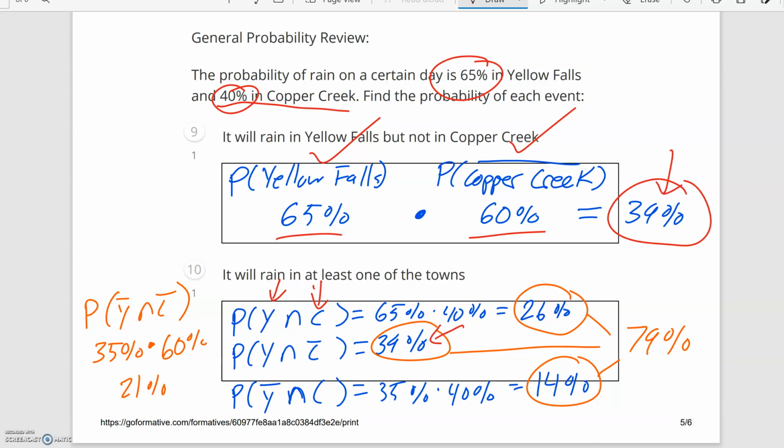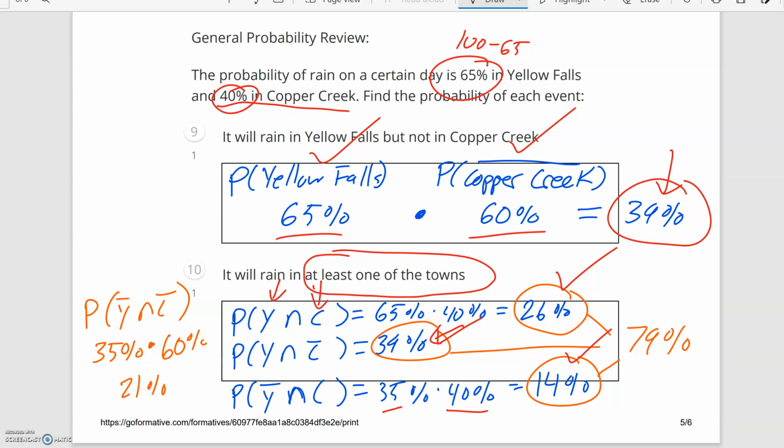Then not raining in Yellow Falls, which is 100 minus 65, so 35%, times the probability of it raining in Copper Creek. Therefore I've satisfied everything because it says at least one of the towns, and every one of those covers that condition. So I add each of those probabilities, and that gives you 79%.